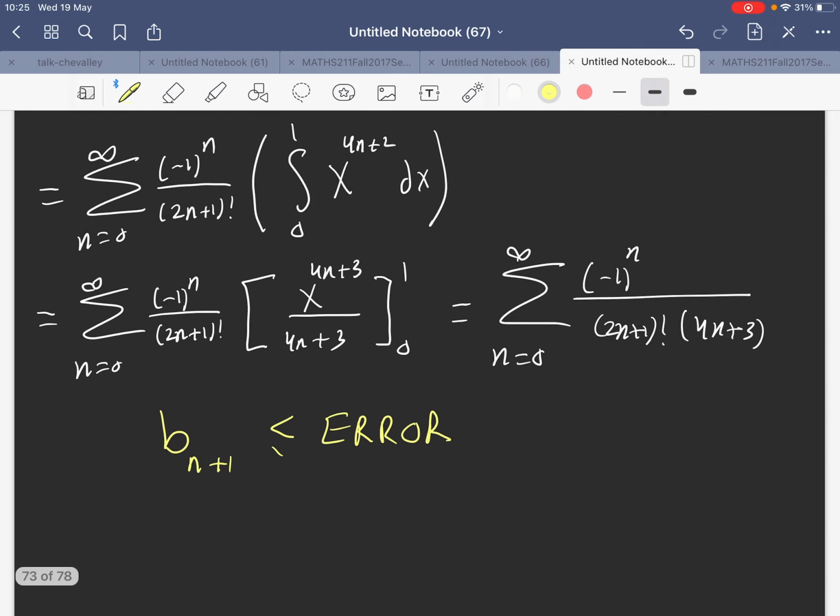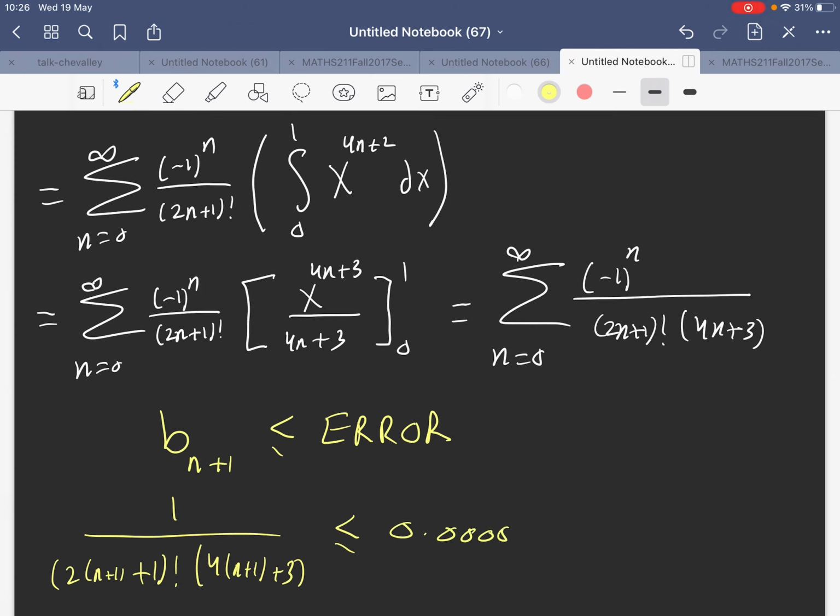So this will be 1 over (2(n plus 1) plus 1) factorial times (4(n plus 1) plus 3), less than 0.00001.